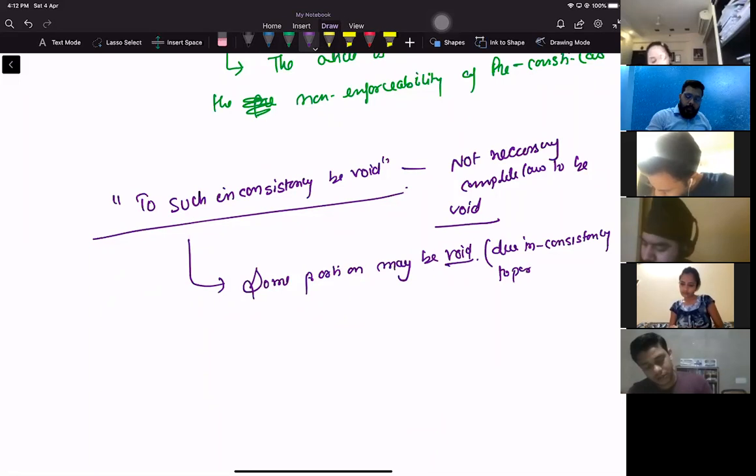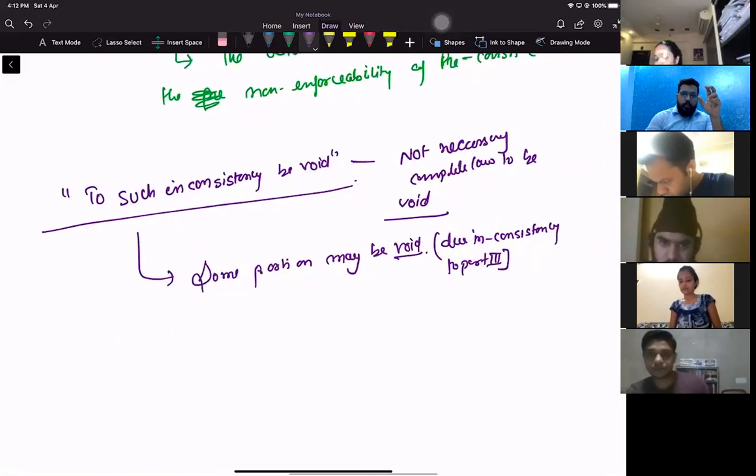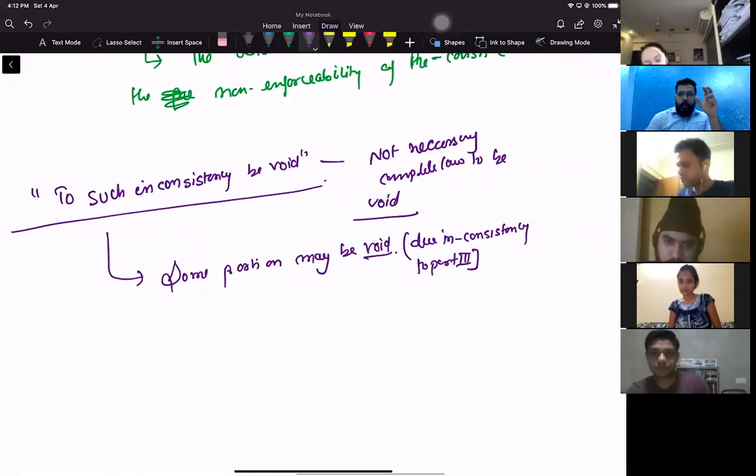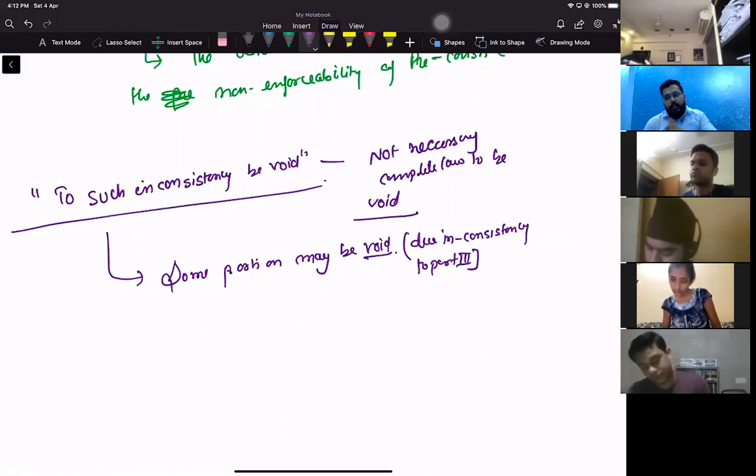To part 3. Try to understand two things; keep two things in mind. Firstly, clause 1 of article 13 is not declaring that any law which was existing prior to the constitution is now void after the constitution.